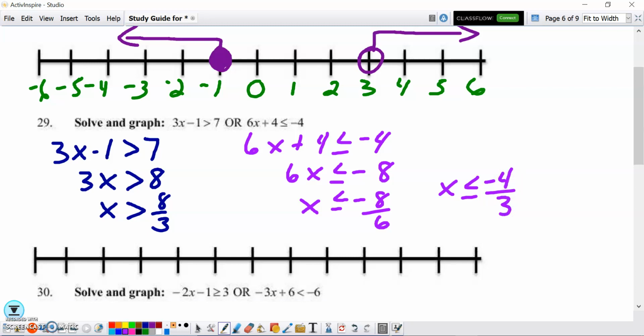All right, now mark our number line. Nope, let me start that over again. Let me back that up. I'm going to put the 0 here.